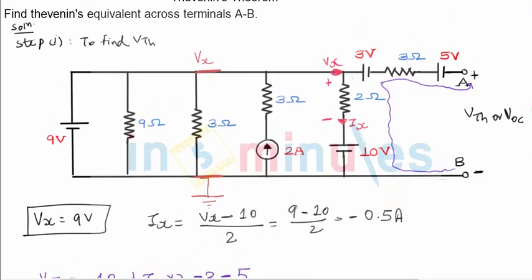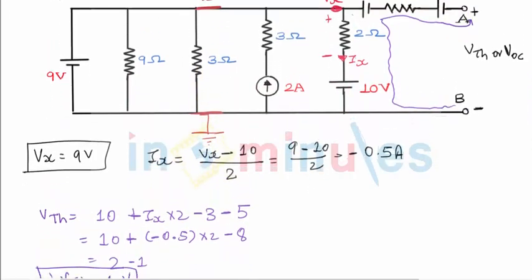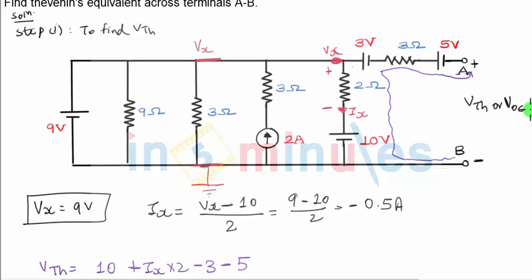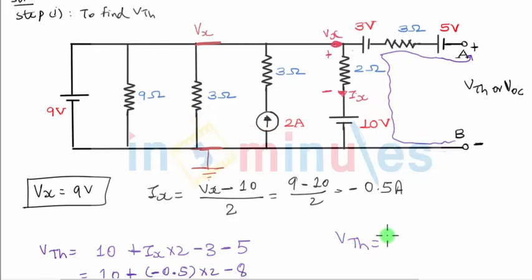Let us now proceed to find the value of RTH. It was simple to find VTH, even though it looked like a big circuit, because we obtained Vx directly and hence the current through the 2 ohm easily. I can also write VTH a little differently.